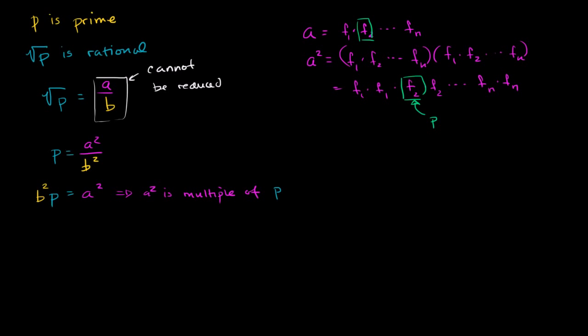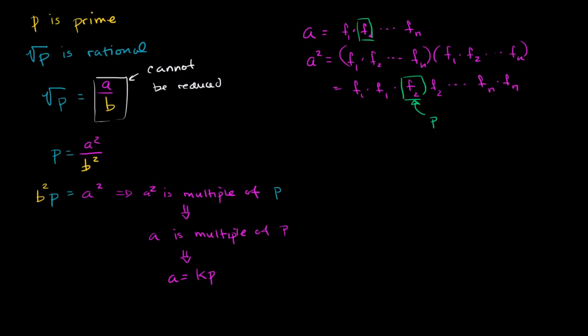So this allows us to deduce that a is a multiple of p. Or another way of saying that is that we can represent a as being some integer times p.